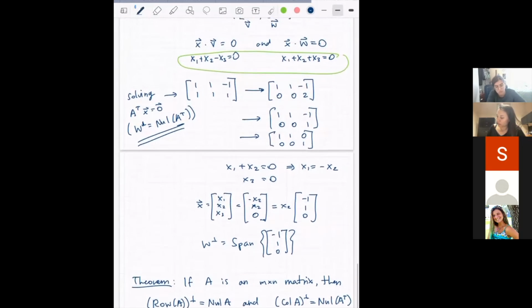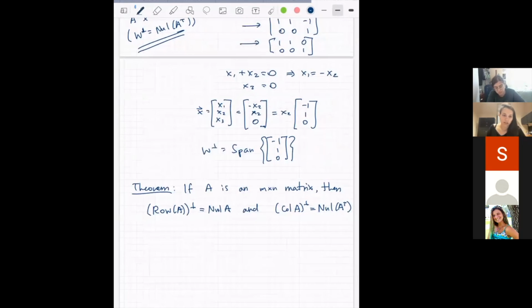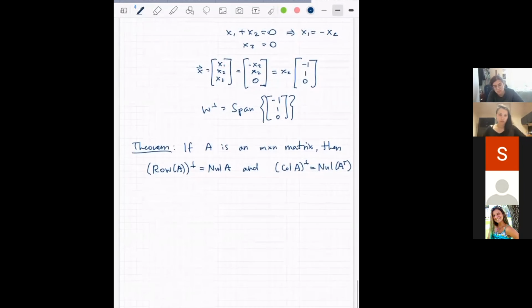Yes, it's the kernel of the linear transformation associated with A transpose.